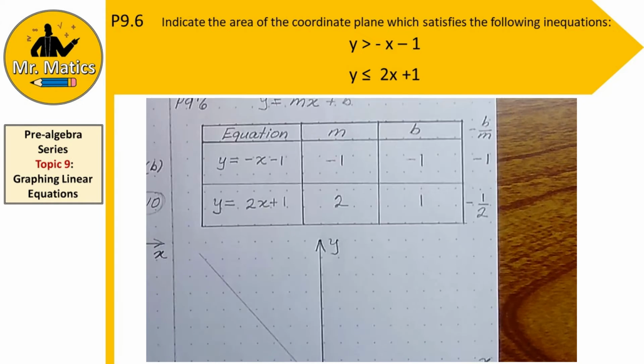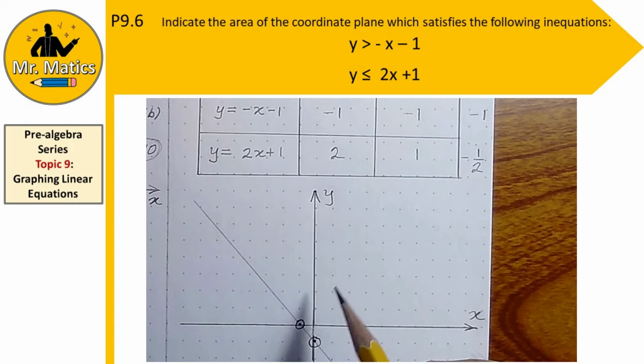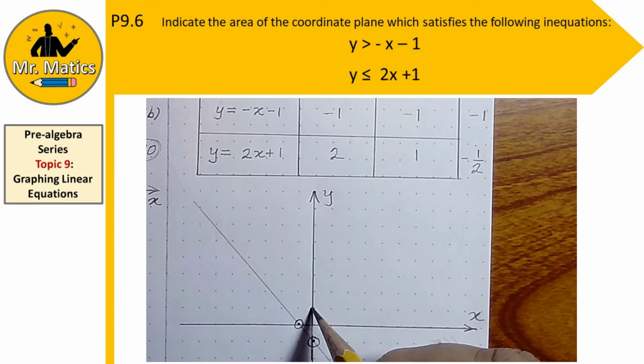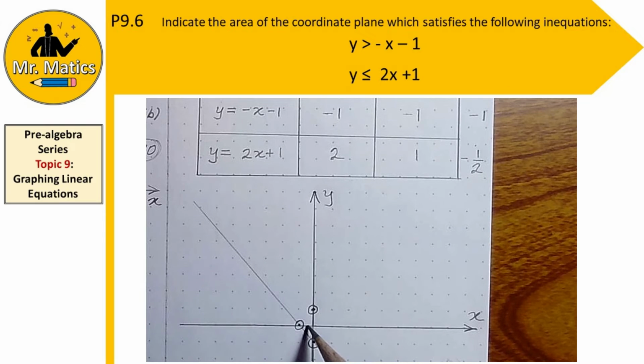And for the next problem, b is 1, which means that the second line passes through this. This is its y-intercept, and its x-intercept is minus half. Now the x-intercept minus half will be this point.